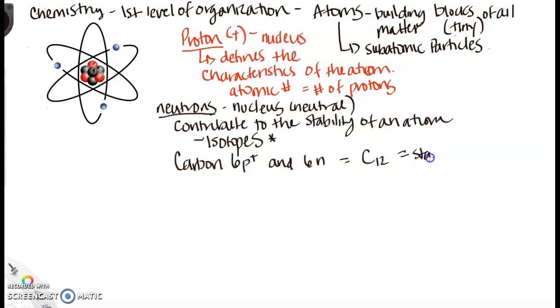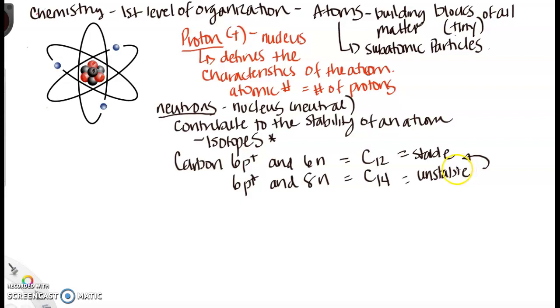It is the most stable. Okay? But there is something that we have that has 6 protons, so it's a carbon, and 8 neutrons. That's called carbon 14, and it is unstable. Carbon 14 will decay into carbon 12 because that's where it wants to be. It wants to be stable.